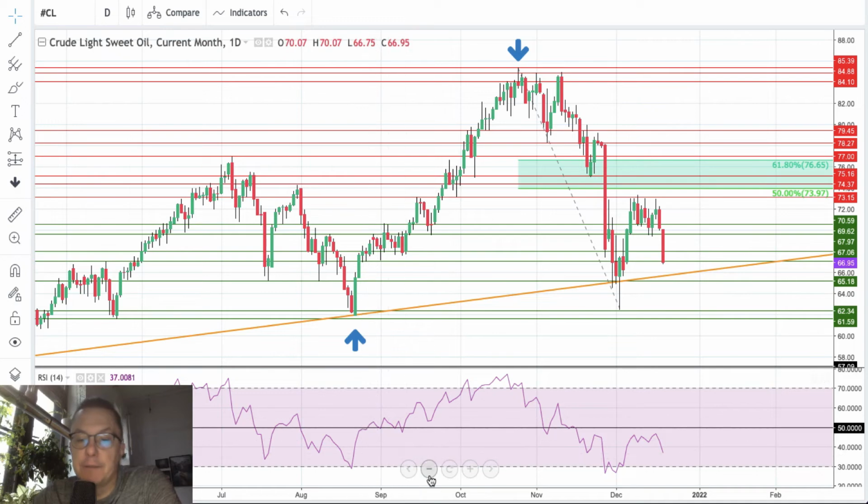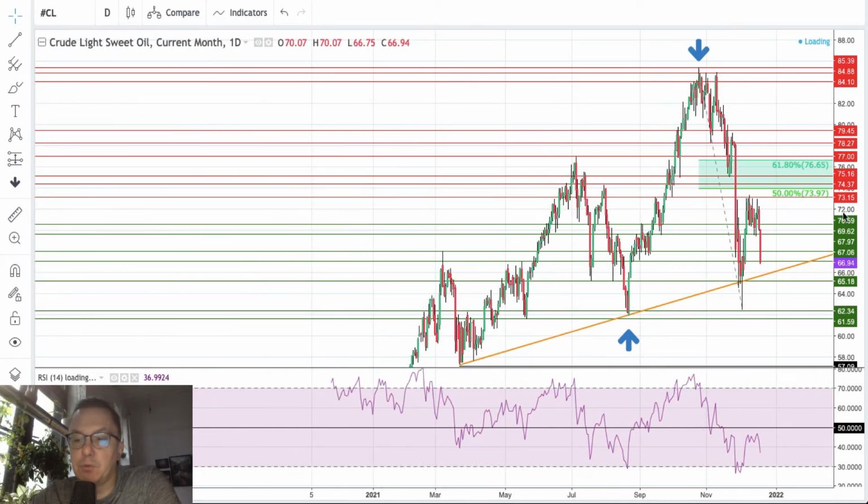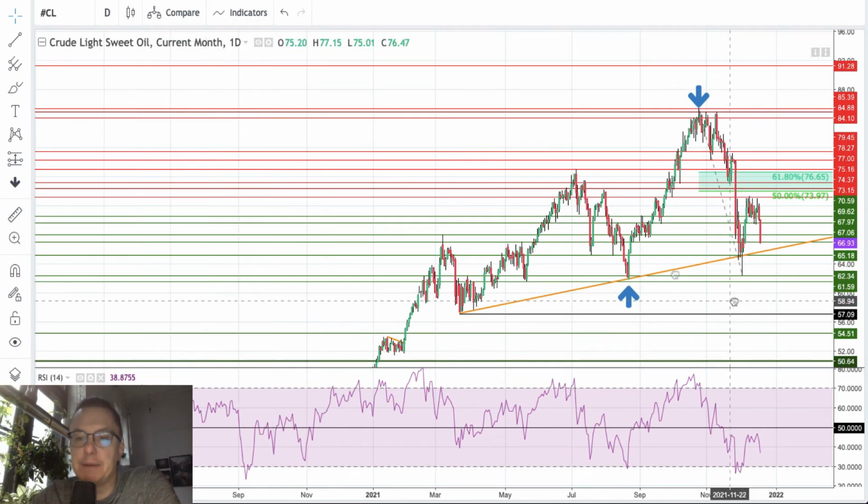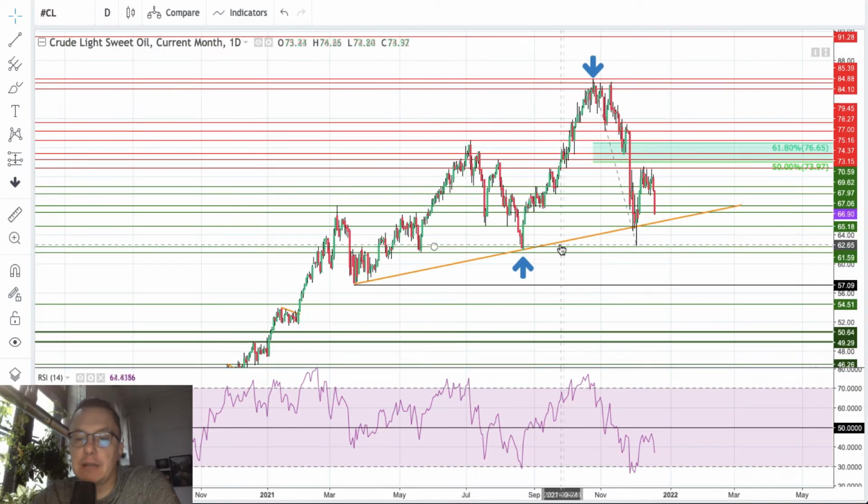Because if not, then of course what we see here is a typical trend line breakout, and that's not a good sign for bulls at all. We might be making kind of a bigger, deeper, more time consuming corrective decline towards 57.09 or even $50 per barrel.